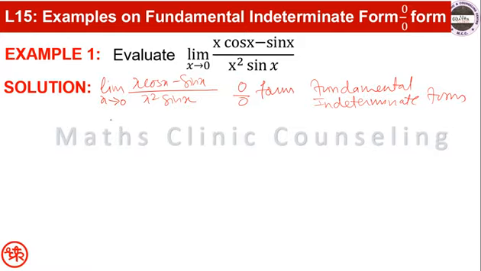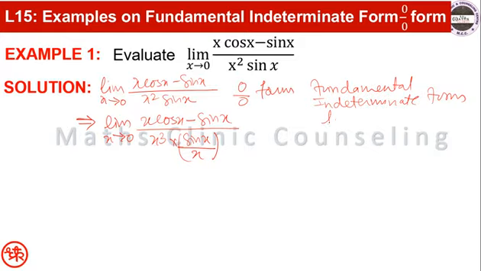So further we can evaluate this limit: limit x tends to 0 of (x cos x minus sin x) upon x cube into (sin x upon x). We can remove this sin x by dividing by x, so since we divide sin x by x, we multiply x square by x. So what is the limit of sin x by x? The limit of sin x by x as x tends to 0 is equal to 1.